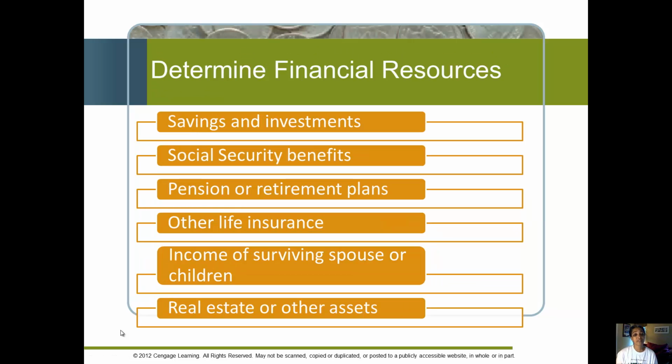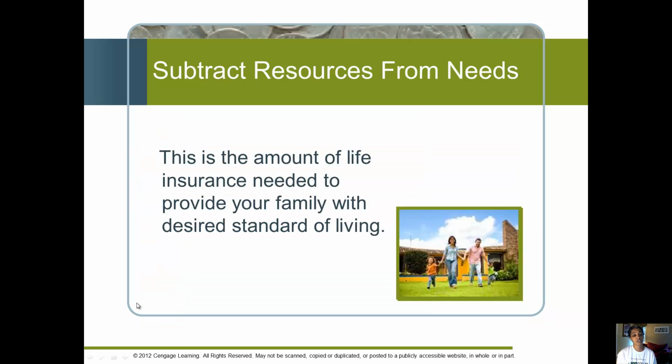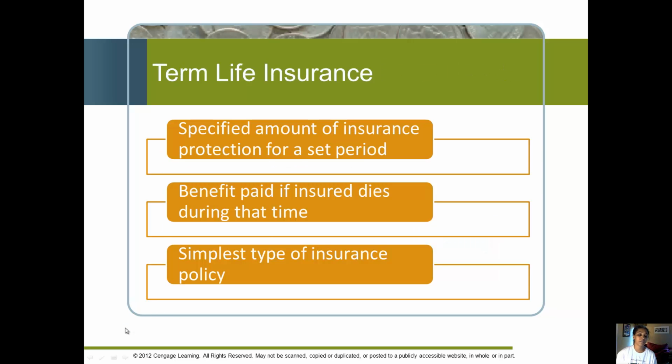And then when we're thinking about step two with the financial resources, some possibilities are savings accounts, investment accounts, Social Security, pension plans, retirement plans, other life insurance, the income of your family that would continue after you're gone, and any real estate or other asset holdings that you have. So you subtract the needs from the resources, and that's how much life insurance would be needed to provide your family with that certain standard of living that you've identified.